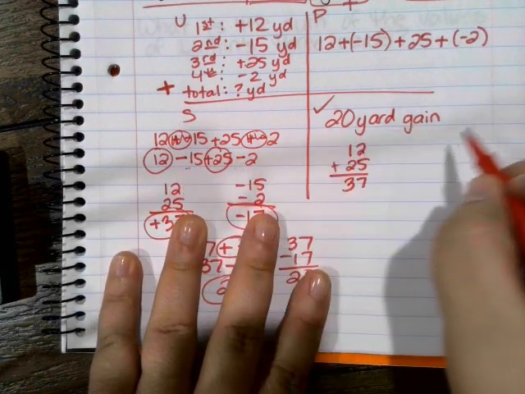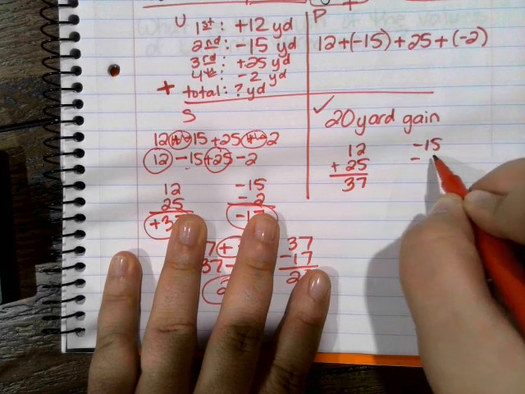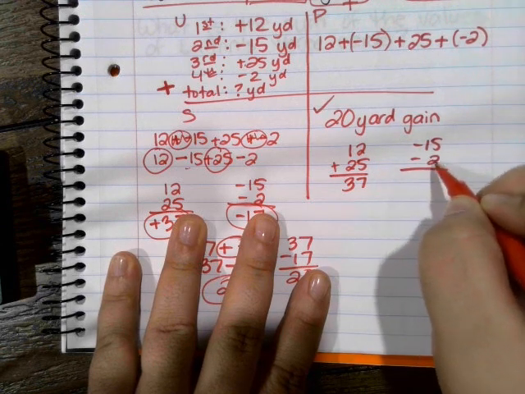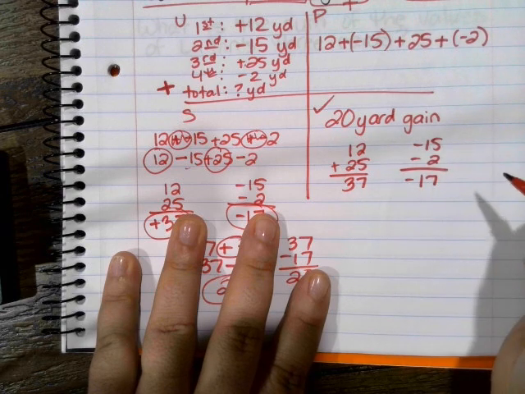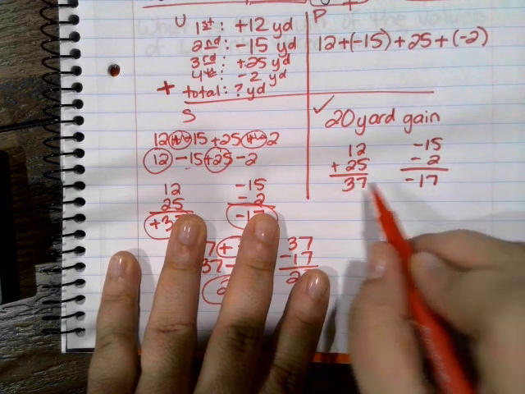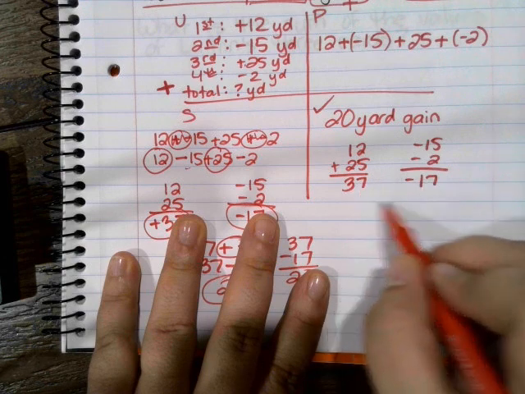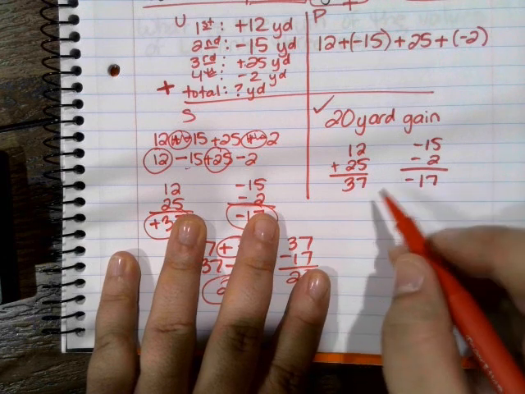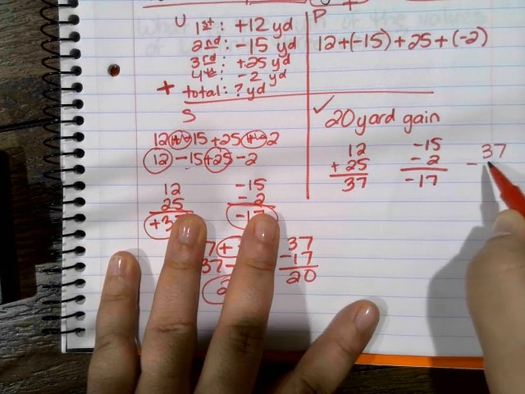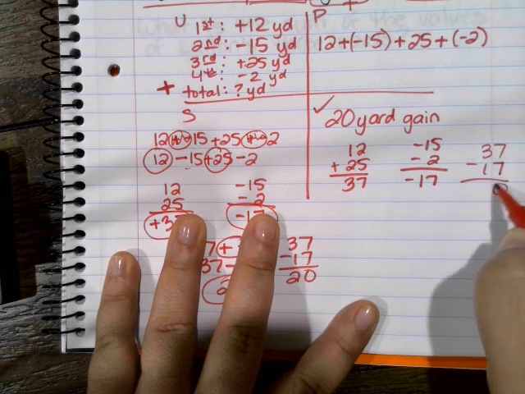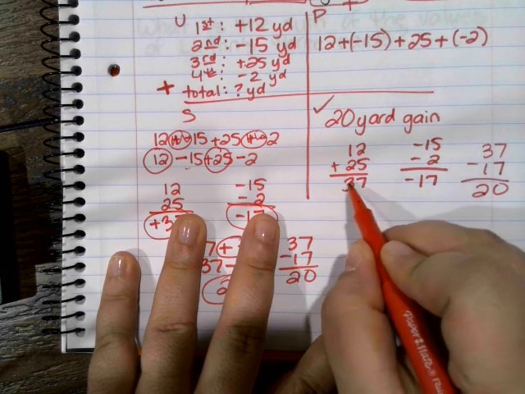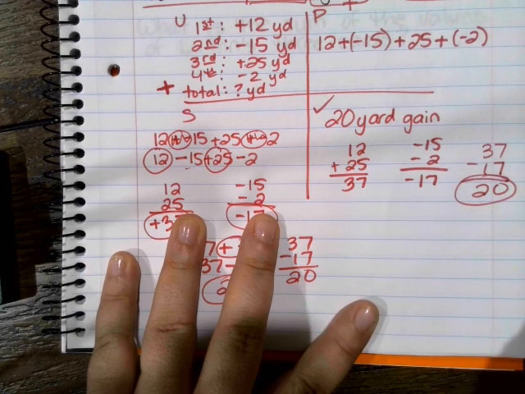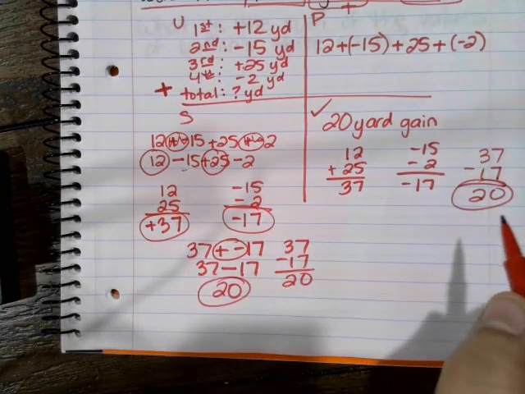I'm going to take my 2 negatives, negative 15 and negative 2. They were the same, so I'm going to add them up. Bigger number is 15. Remember, keep the sign of the bigger number. And now these 2 signs are different. So when the signs are different, I'm going to subtract. 37 minus 17. Keep the sign of the bigger number. 37 was bigger, it was positive. So my answer is positive 20. So I know I got it correct.